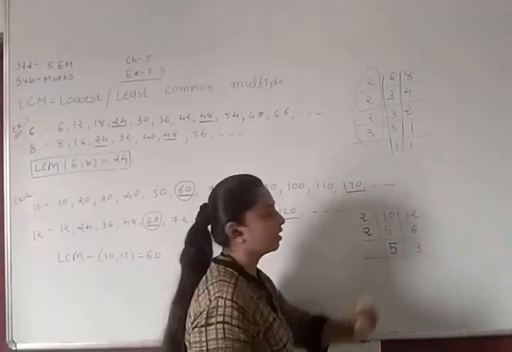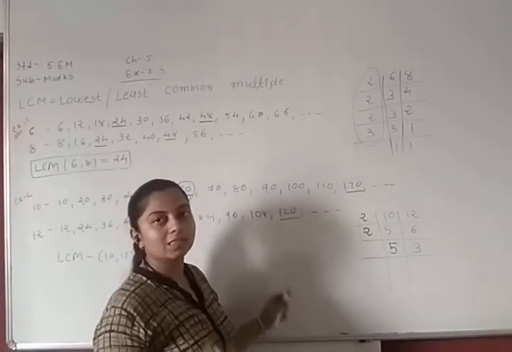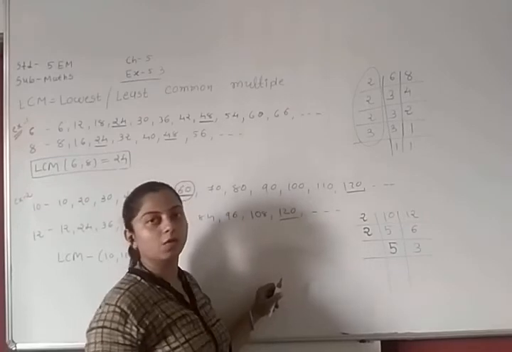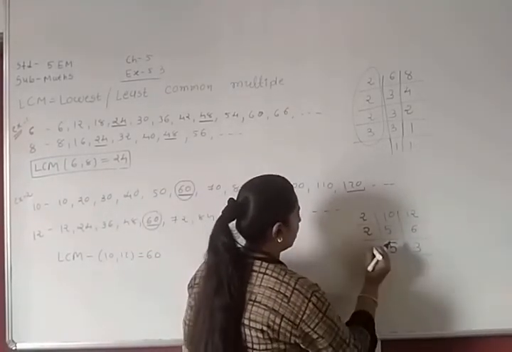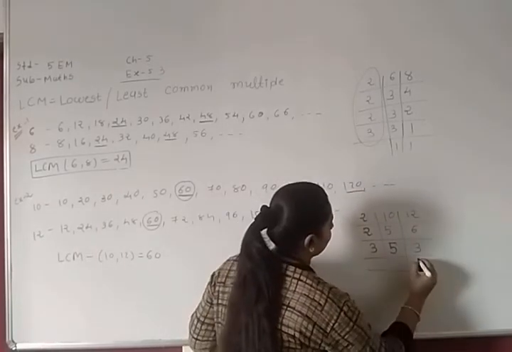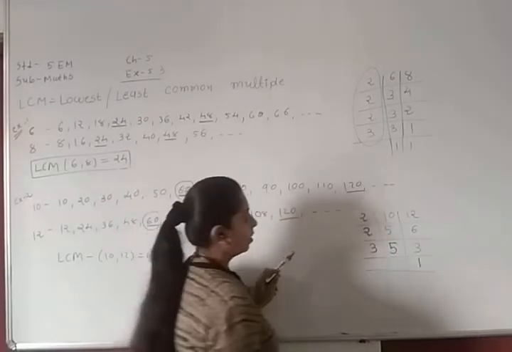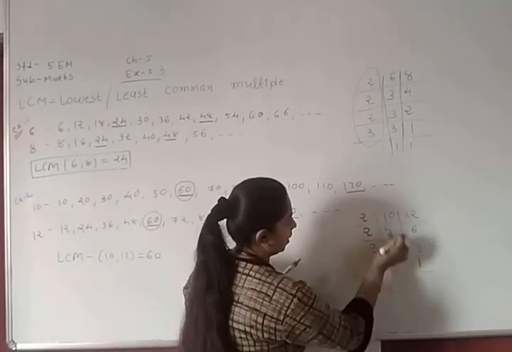Obviously 3 will come in the table of 3 only. So 3 1s are 3. Here 1 came. It means this one is finished. Okay, we still don't have 1 here. Here 5 as it is.